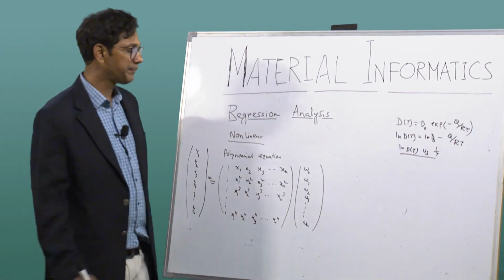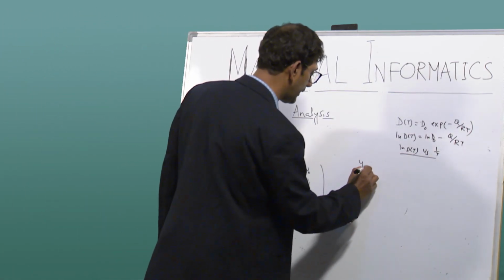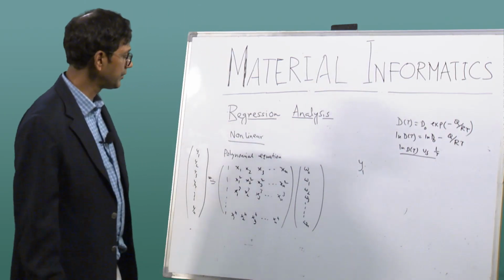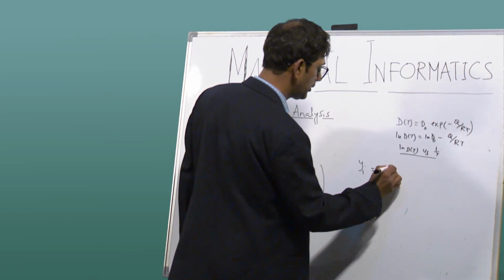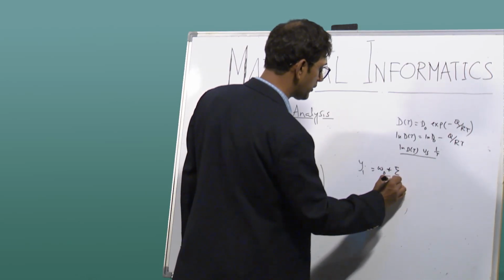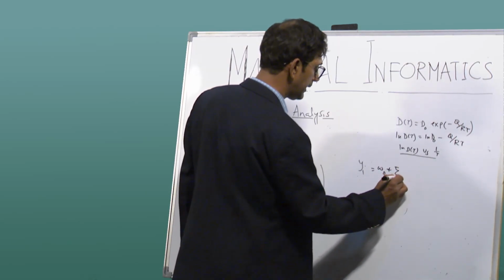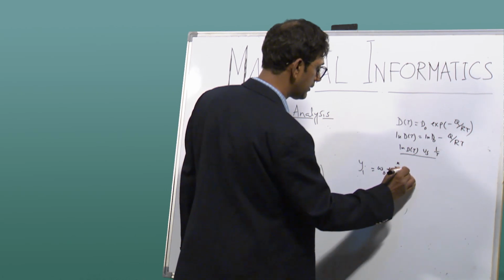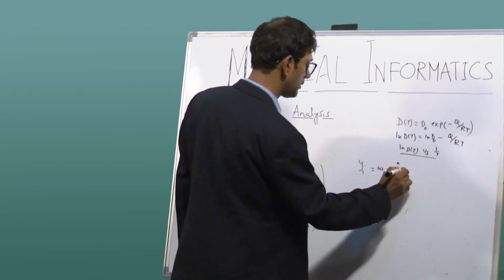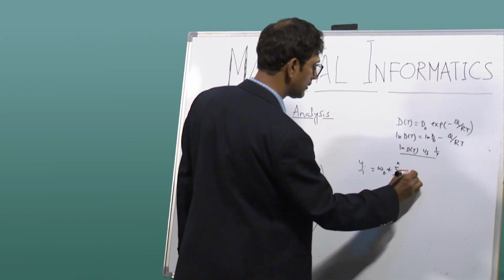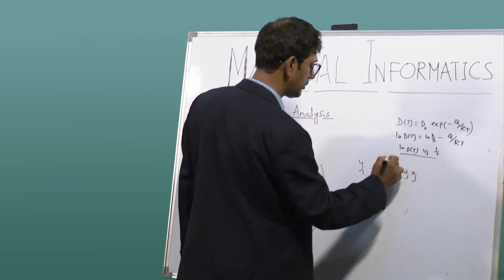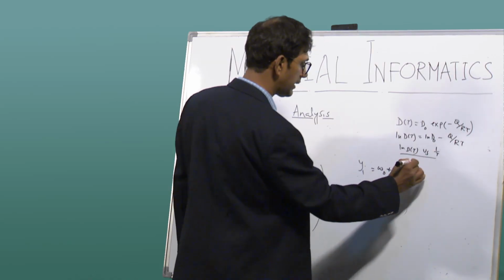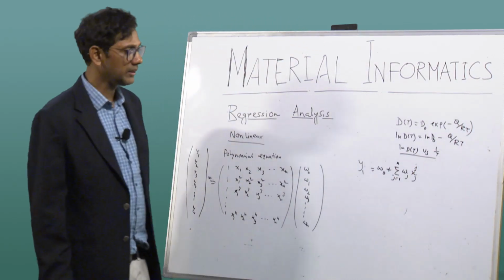In generality, we can write yi is equal to W0 plus the sum over j from 1 to n of Wj xj to the power j. Am I clear?